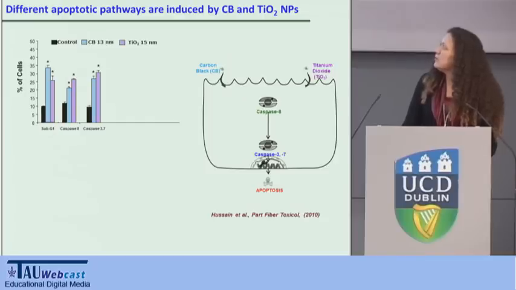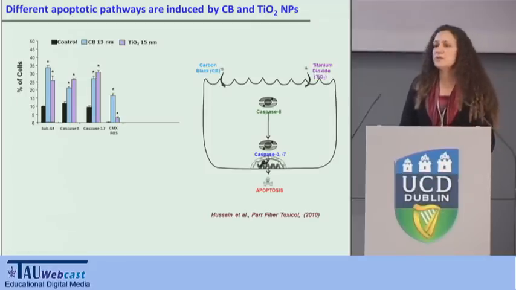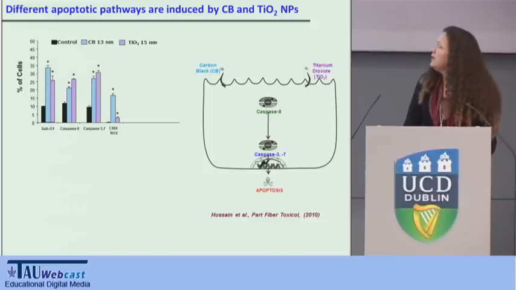Both types of nanoparticles induce the activation of caspase 8, which is the initiator caspase, and the effector caspases 3 and 7. However, only the carbon black nanoparticles induce a depolarization of the mitochondrial membrane potential, as revealed by an increase of the staining with the CMX-ROS dye.